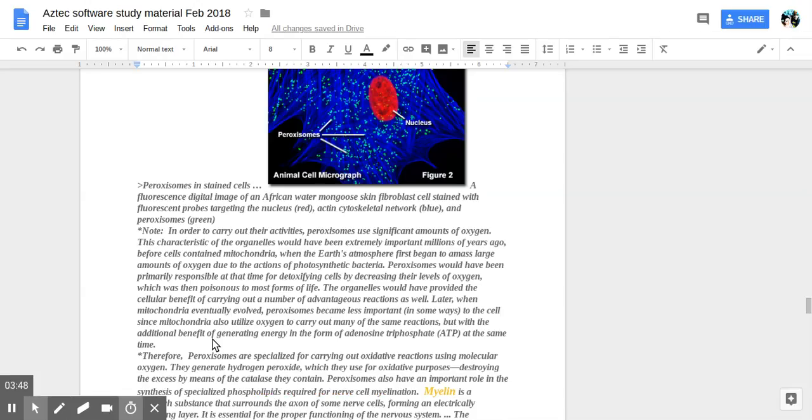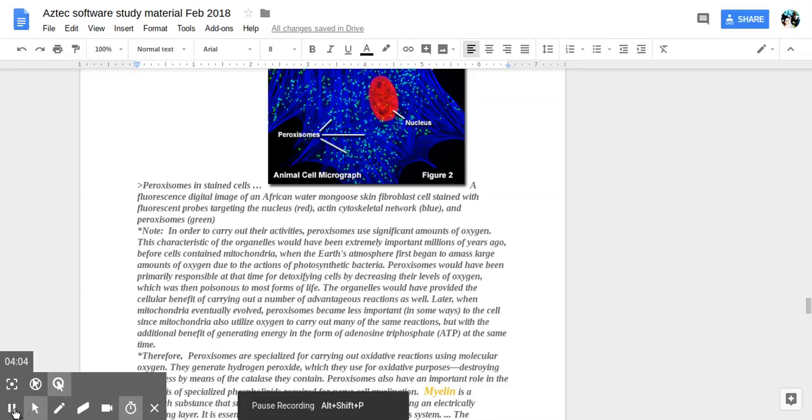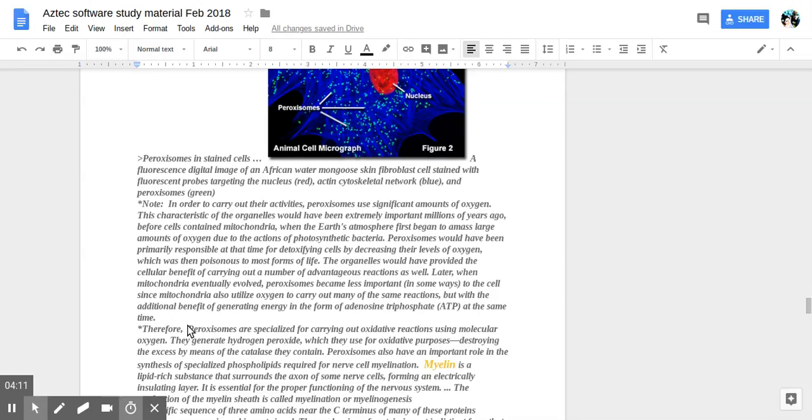They generate hydrogen peroxide or H2O2, which they use for oxidative purposes, destroying excess by means of catalases they contain. Peroxisomes have an important role in synthesis of specialized phospholipids required for nerve cell myelination.